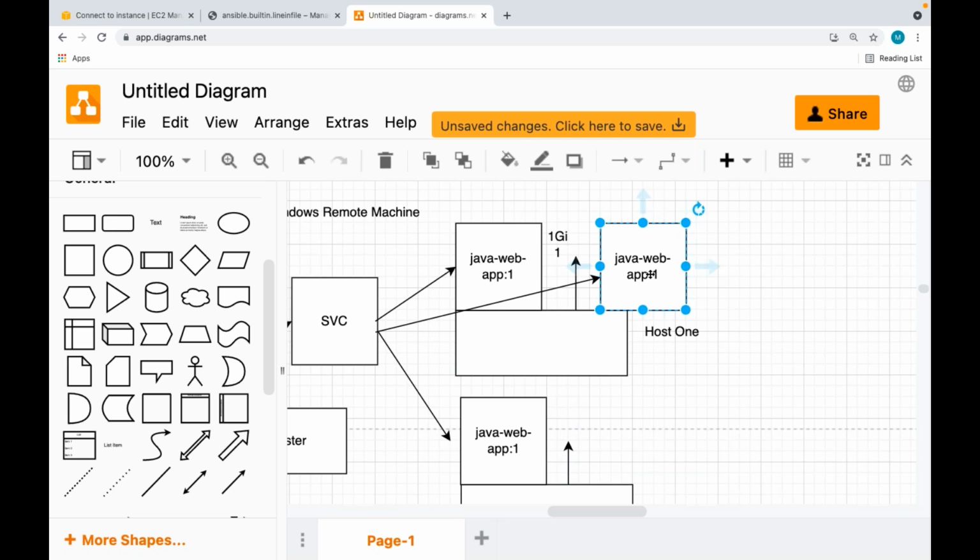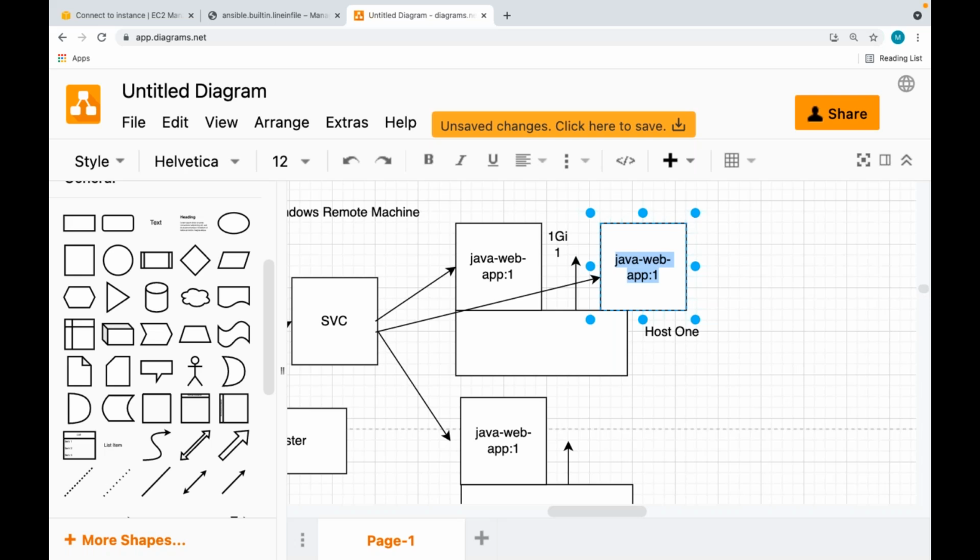Now we scaled, but what type of scaling have we done so far? Manual scaling. We have not done any automatic scaling. Okay, so we have done only manual scaling, but I don't want to do it manually.